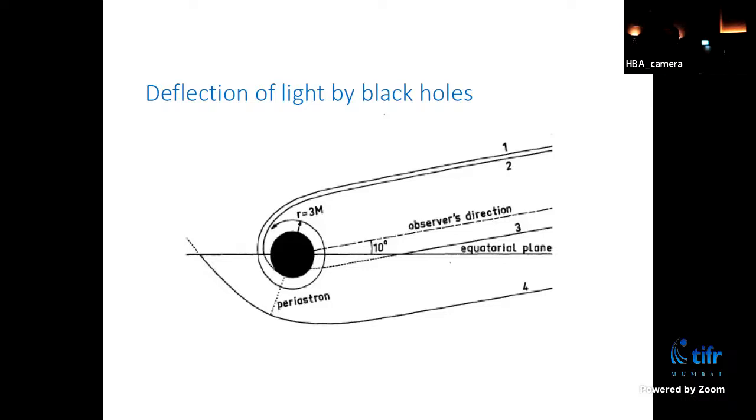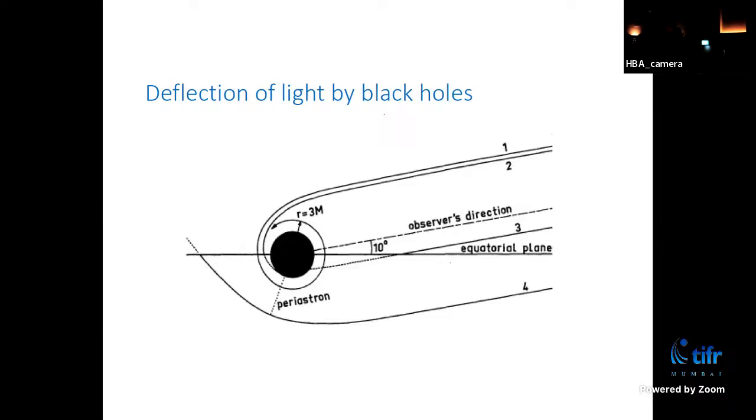Now, near the black hole, the situation is even more drastic. Let's say you have a light ray that is escaping here. We should remember that we're looking at the black hole from this direction, so this is the back of the black hole. In principle, the backside, since it's opposite to our line of sight, shouldn't be observable to us.